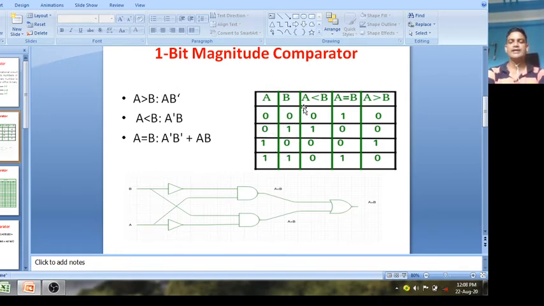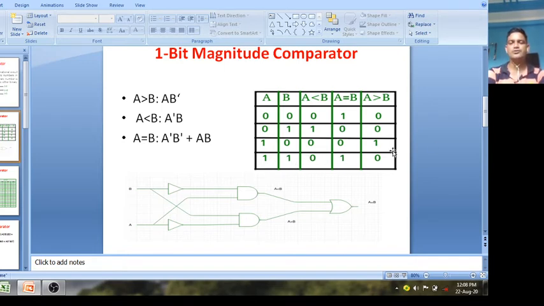In the case 0 0, a is equal to b, so a equal to b is 1, and the others are 0, 0. For 0 1, b is greater than a, or you can say a is less than b. So this is 1, this is 0, this is 0. For 1 0, a is greater than b, so 0 0 and a greater than b equal to 1. For 1 1, a equal to b.